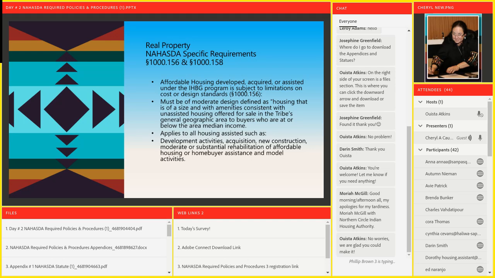It applies to all housing assistance such as development activities, acquisition, new construction, moderate or substantial rehab, affordable housing, or homebuyer assistance and model activities.